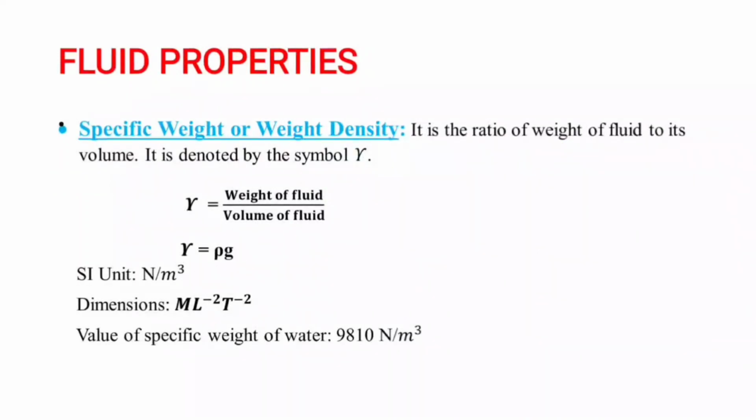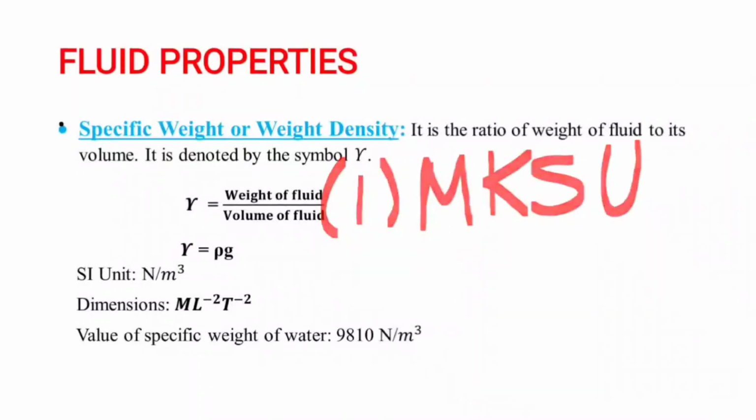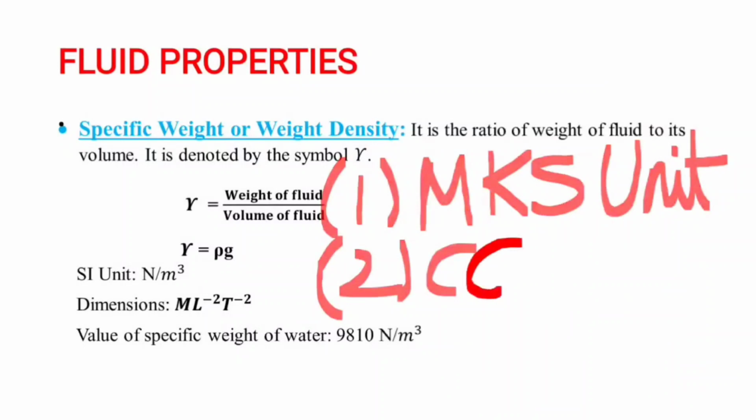The SI unit for weight density is Newton per meter cube. The SI unit is a derived quantity. In India, we have two systems of units. One is the MKS unit, the second is the CGS unit.